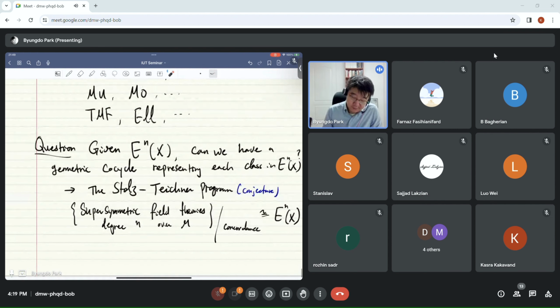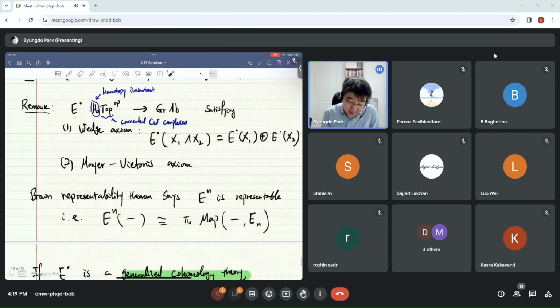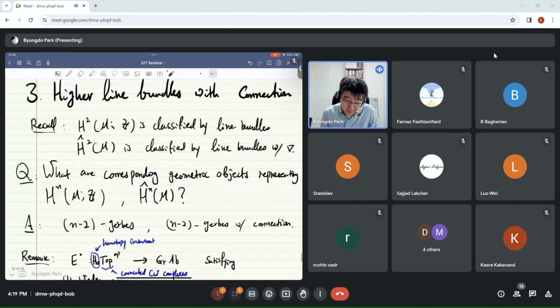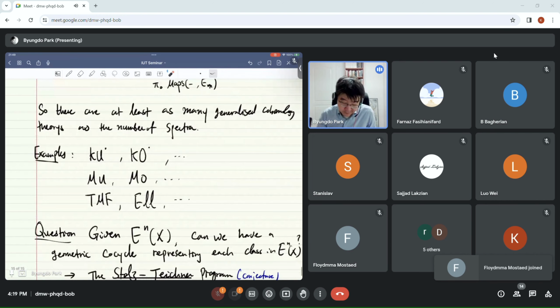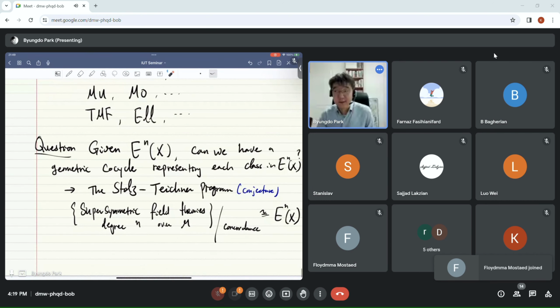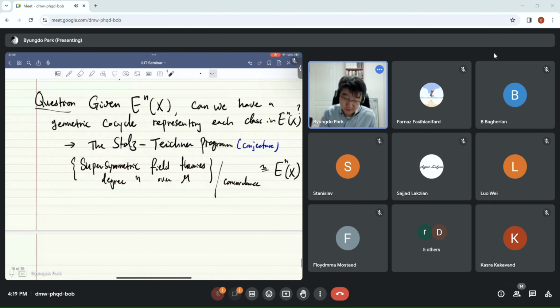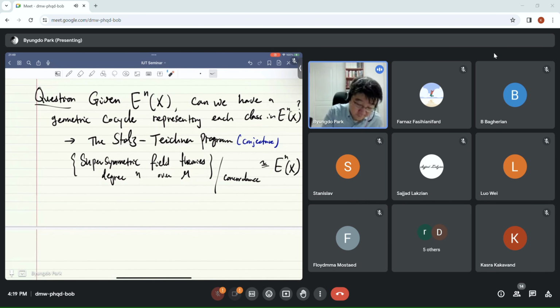So I just wanted to say that this is the question I keep coming back to in this series of lectures: what geometric objects represent the cohomology and differential cohomology group classes. These are actually very deep and interesting questions at the forefront of algebraic topology.